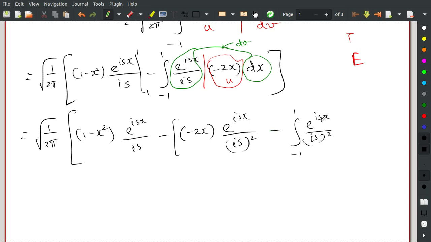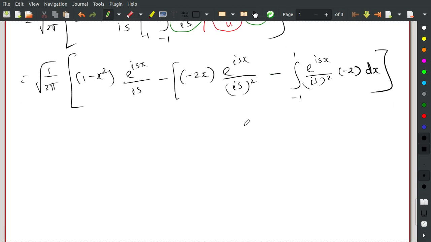This is our v, and du is minus 2 dx. This one runs from minus 1 to 1. So let's multiply this minus inside and integrate this one.